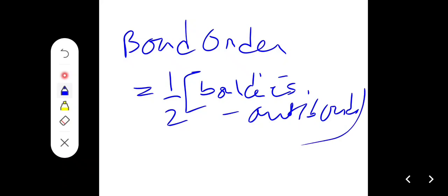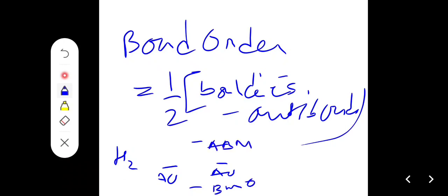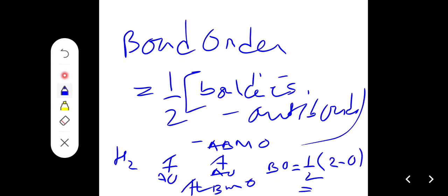If we consider H2, there are atomic orbitals AO, the BMO, and the ABMO. If there is one electron from each of the two hydrogen atoms, we get two electrons in the bonding molecular orbital. So the bond order equals half into 2 minus 0, and we get 1.